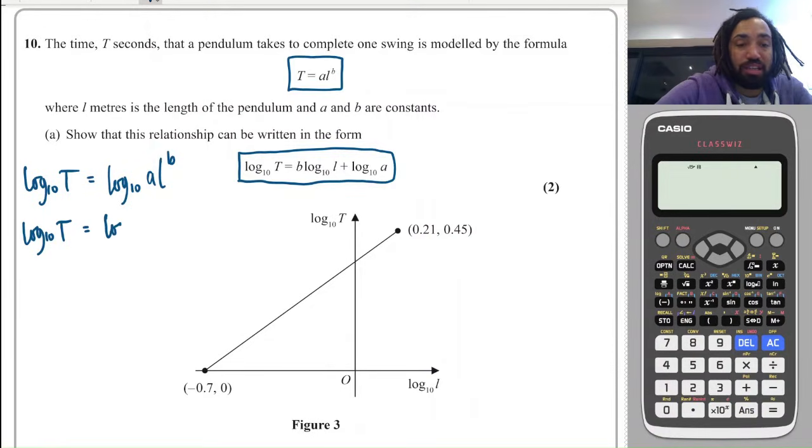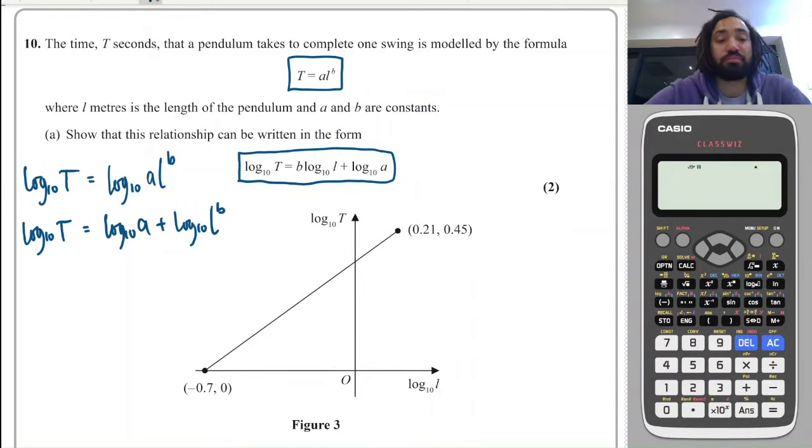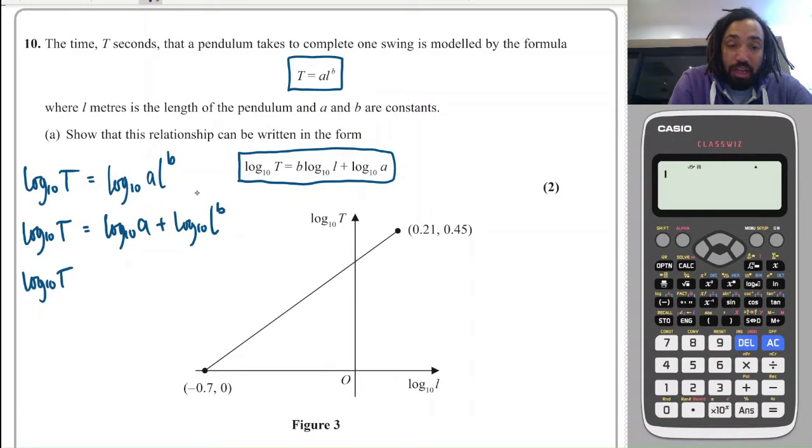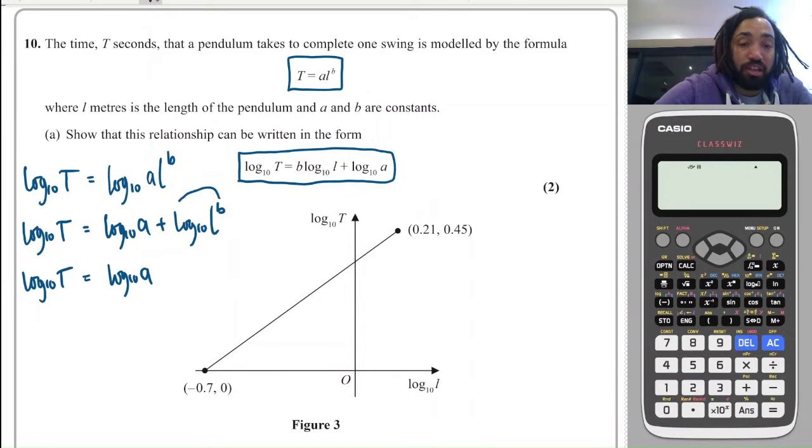So we can then write that as log 10 a plus log 10 L to the b. And the other log rule we need to know is that if we have an exponent, in this case b, we can express that by moving it down to become the coefficient. So essentially the b comes down to the front to get b log base 10 L.